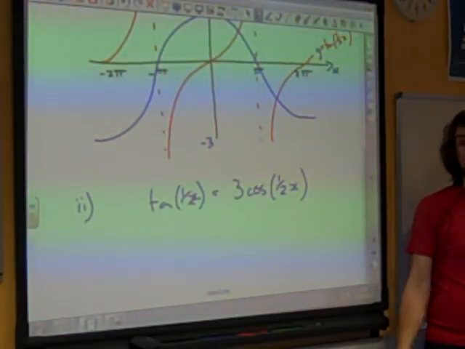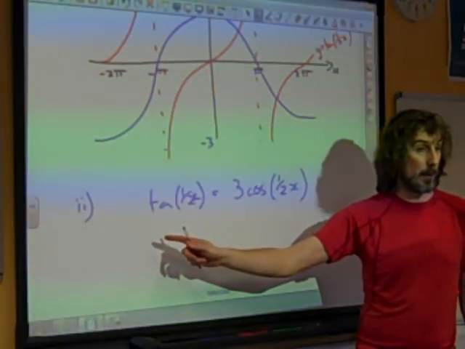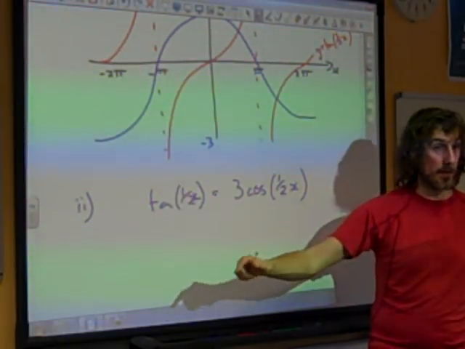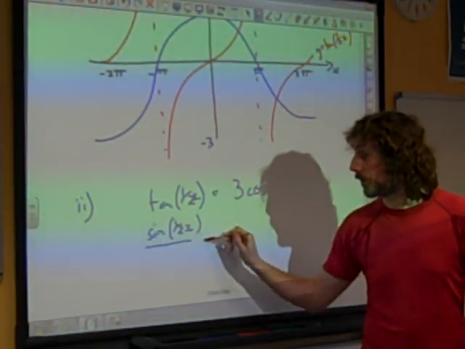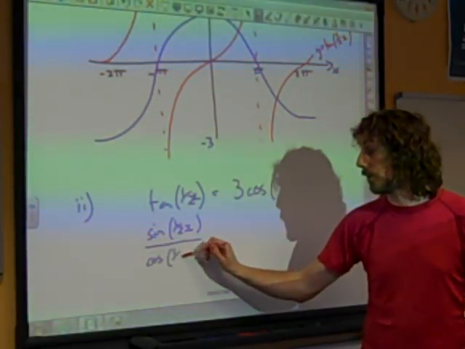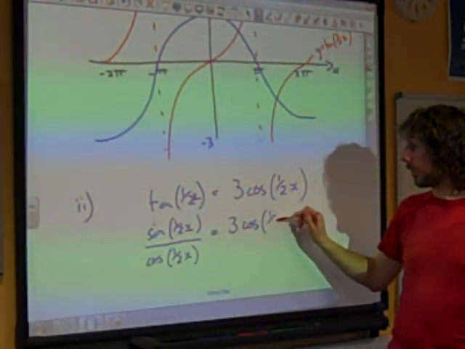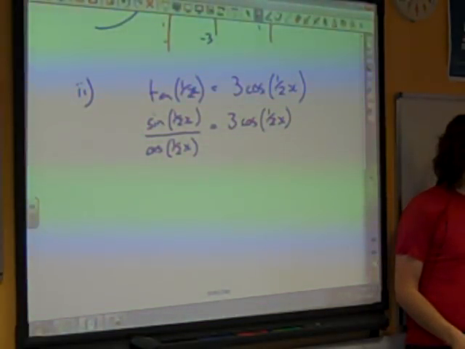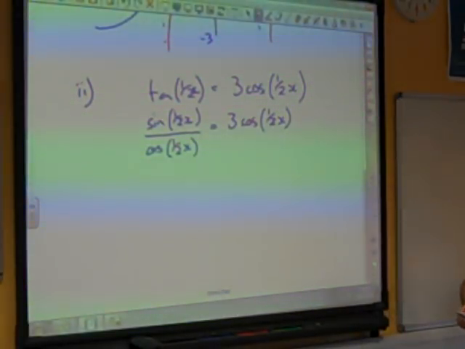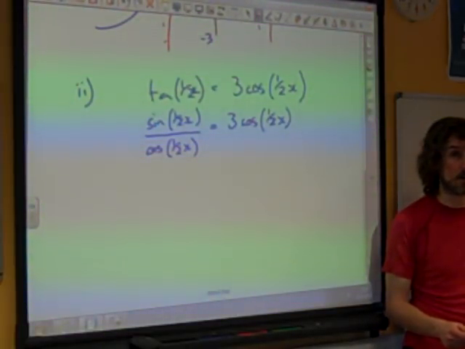Well, the first thing that we can do, there's not a lot we can do with cos, but using those identities that we wrote down, tan is sine over cos, isn't it? So that is sine of half x over cos of half x. We want to try and just work with this.